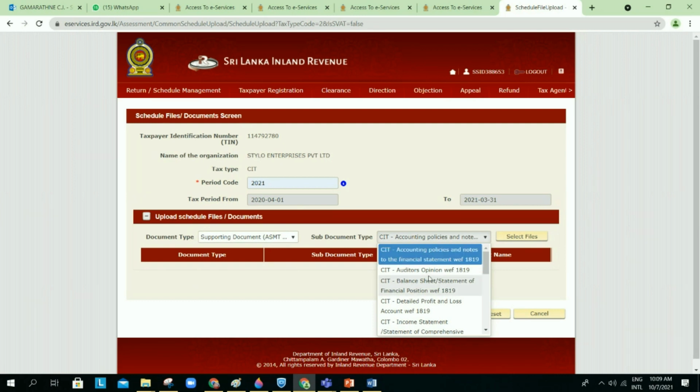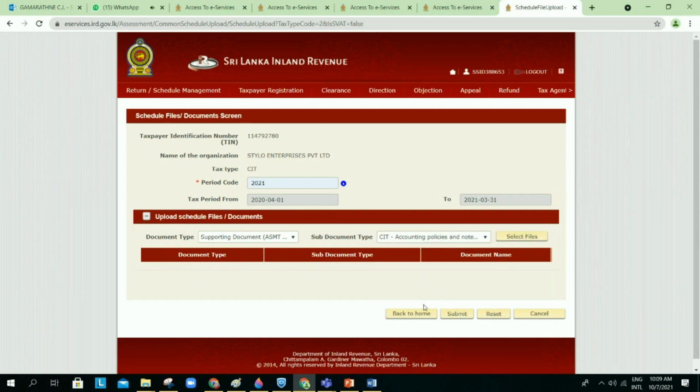Select a subdocument type, then go to select file and upload the selected file. Then you can submit those documents. When you have submitted the document, you can get the acknowledgement for that.